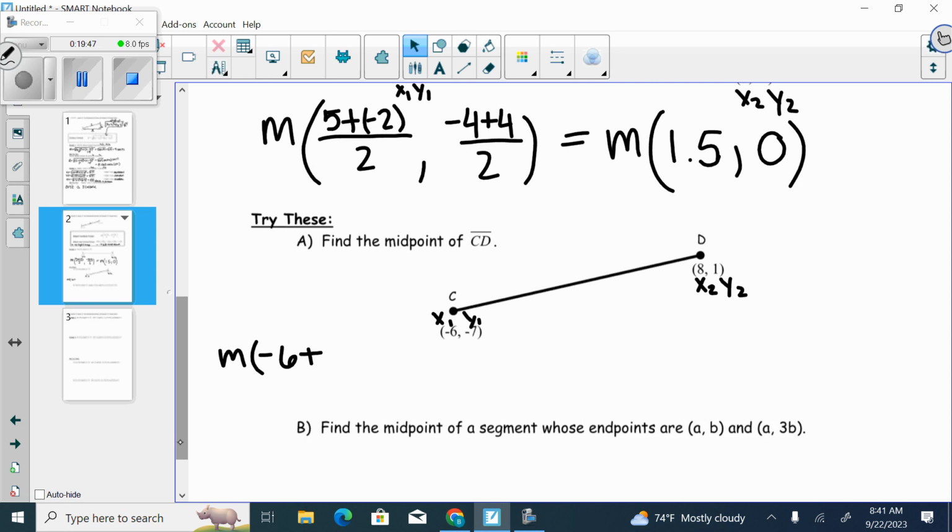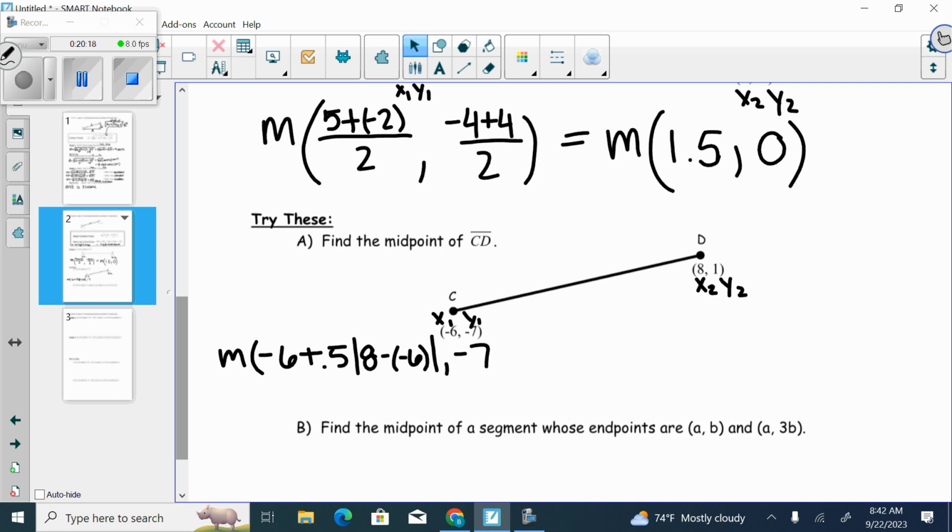Okay. Our k, which if we're doing midpoint, we're going halfway, so 0.5, times the absolute value of x2 minus x1. What's that going to be for us? Very good. 8 minus -6. Good. Okay, and then we have to do the y value as well. So I start with y1, which is -7.